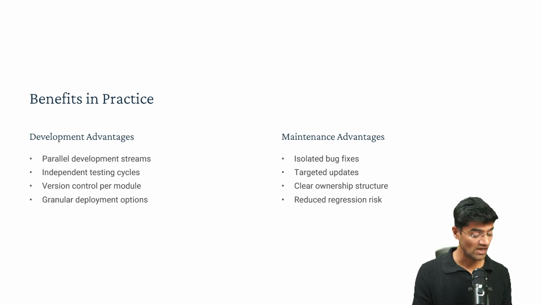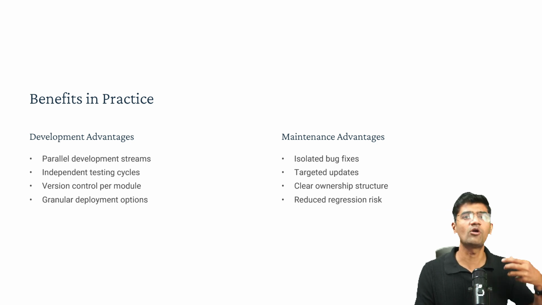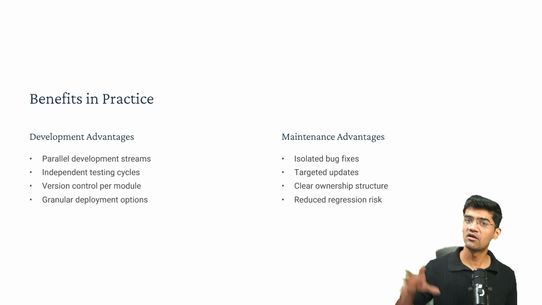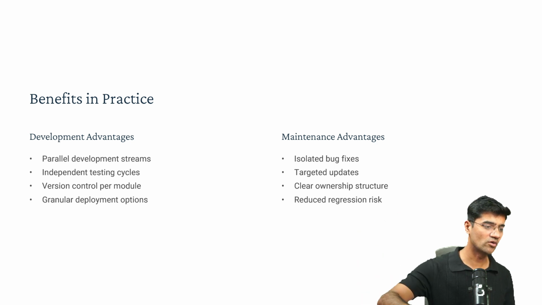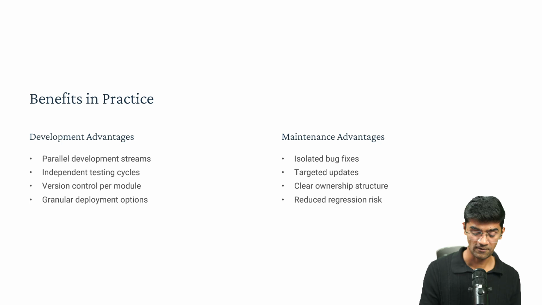Then we will have a granular deployment option, where we need to deploy just that specific module. We will not have to deploy each and everything. And from the maintenance point of view also, it will be very easy. If a defect comes, we will target the specific module. Ownership will be clearly defined, and the risk in regression testing will be reduced if we follow the modular architecture.